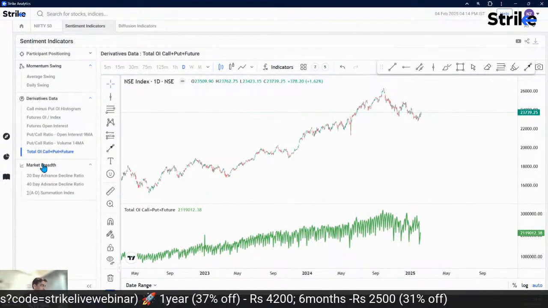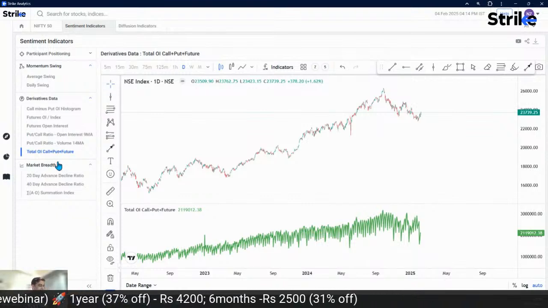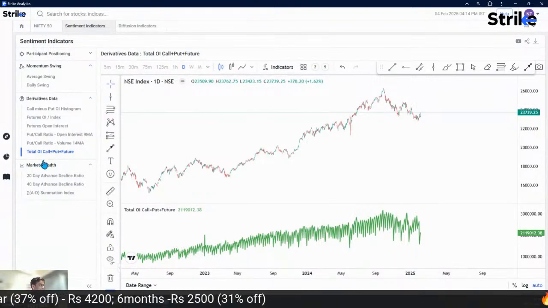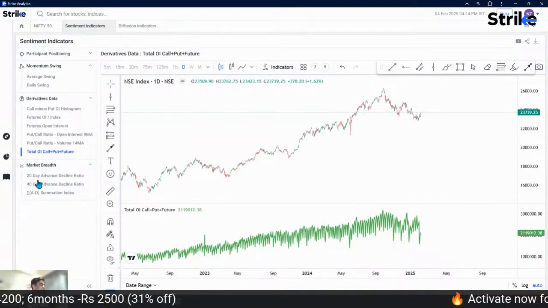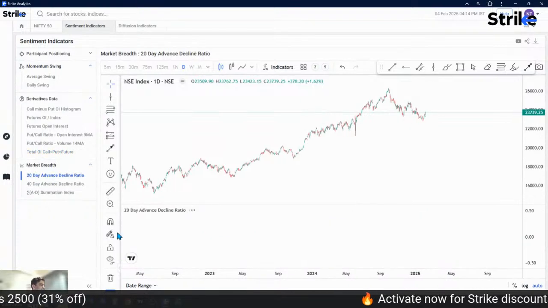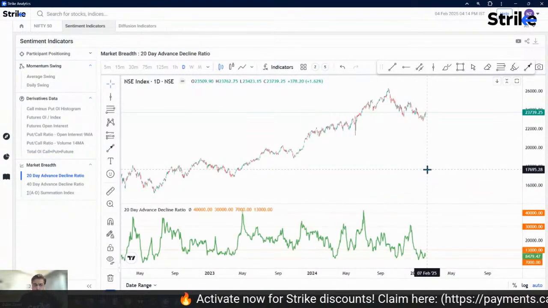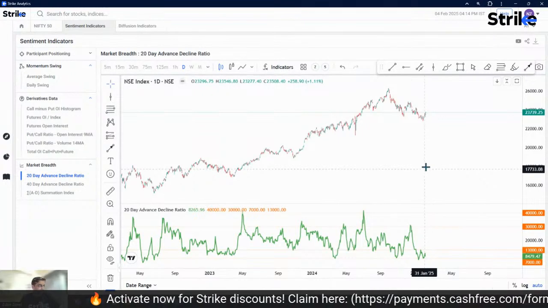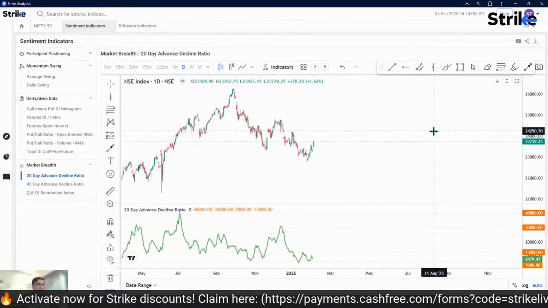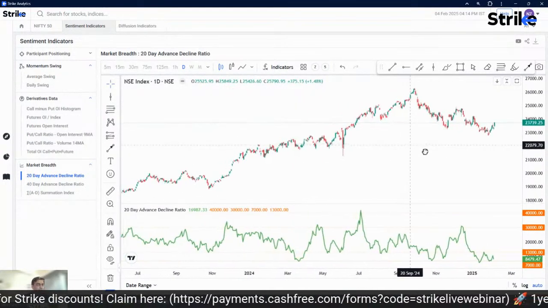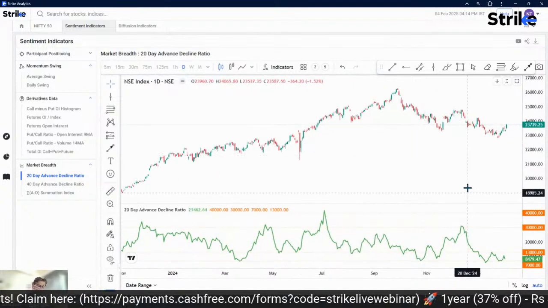Now coming to the last section in these sentiment indicators, which is the market breadth. In the market breadth, we have the 20-day advance decline ratio. I'm sure you all know what the advance decline ratio is.